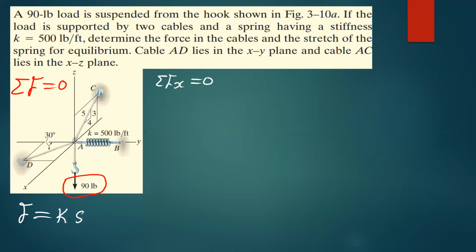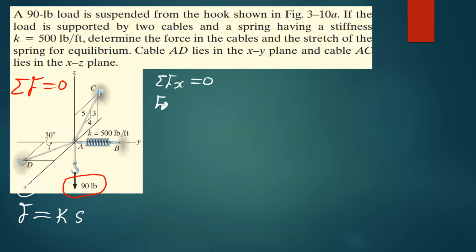So let's take the forces in the x. When we start with D, the force in the x for D, I'm going to call it FD. For this rope D, our x-axis is simply just this.